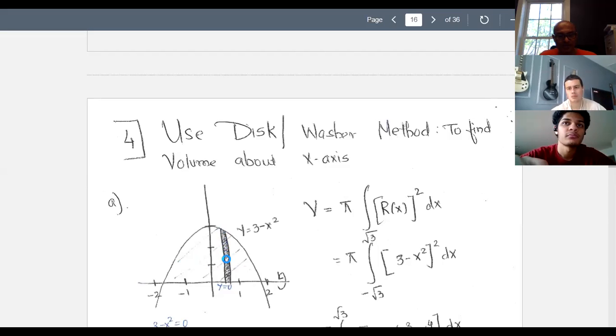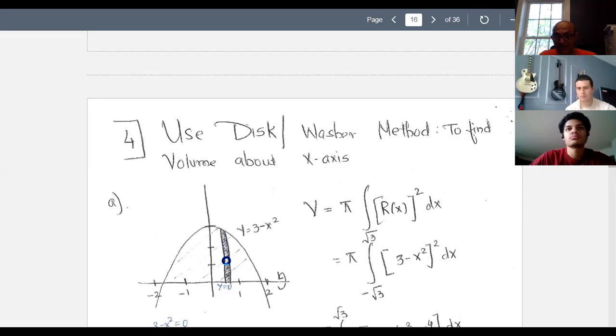All of you are getting me or not? Okay. So my strip will not touch the axis of revolution in that case. In both disk and washer methods, your strip must be perpendicular to the axis of revolution.